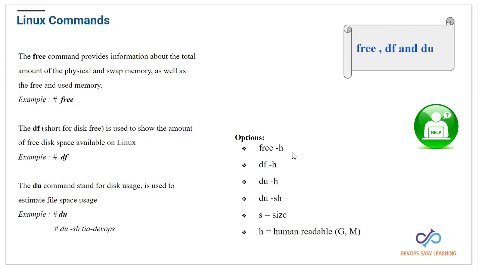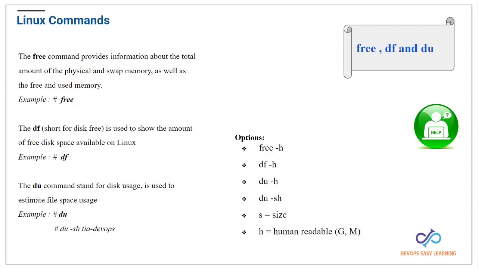Here we have a couple of options too. For the free command, you can use option h, which stands for human readable. When we say human readable, it gives you the sizes in megabytes and gigabytes. For the df command, we still have that option h.